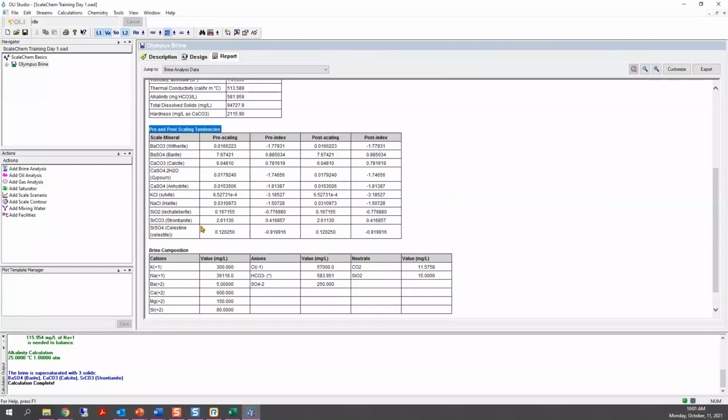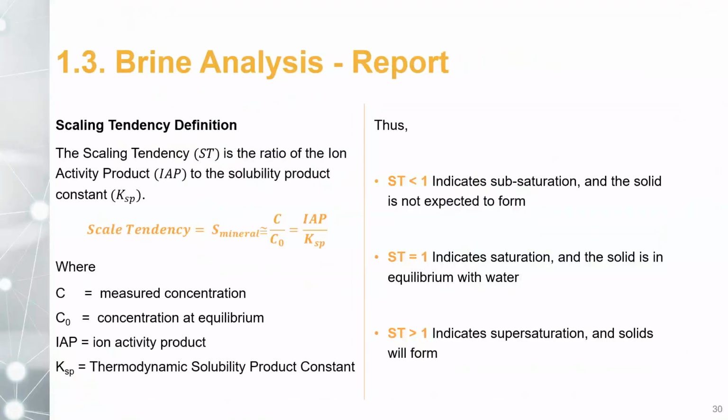And so what I'm going to do is I'm going to show you this slide. And you'll see that, again, we have the pre and post scaling tendency. But what is the definition of a scaling tendency?